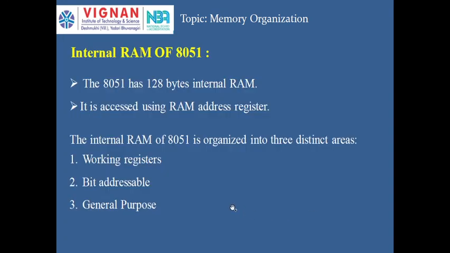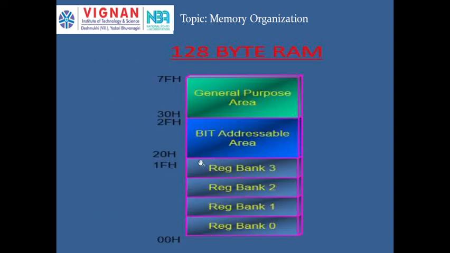The complete 128 bytes of RAM is divided into three areas: working registers, bit addressable registers, and general purpose registers. The first 32 bytes of memory are reserved for register banks, register bank 0 to register bank 3.